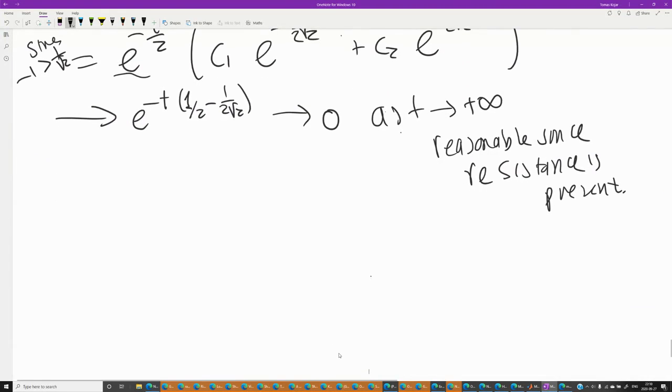Now, next example. It's critically damped.